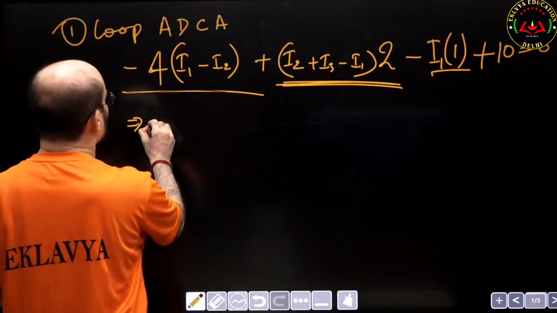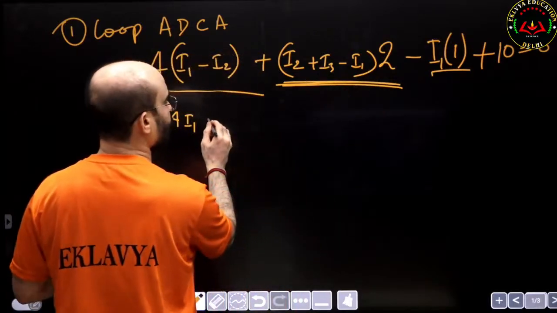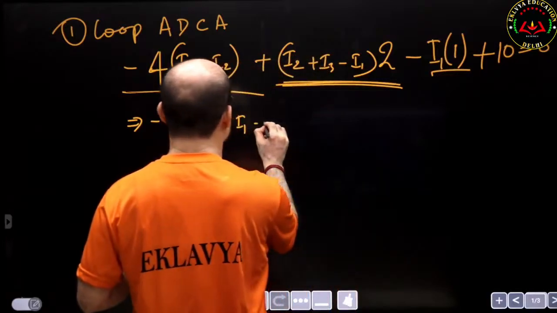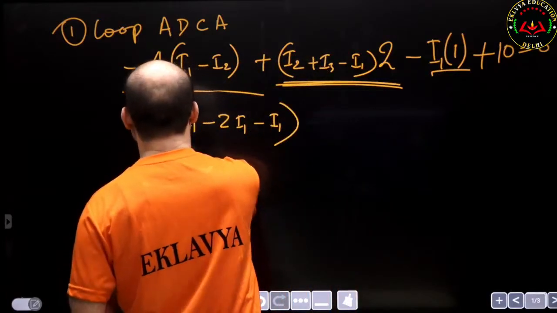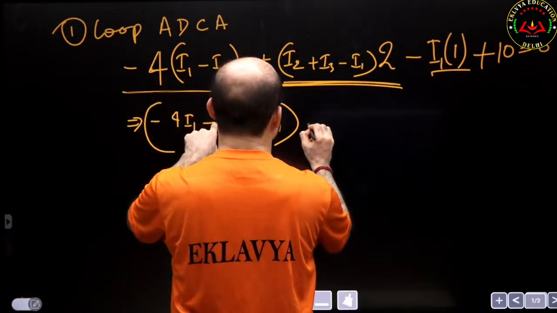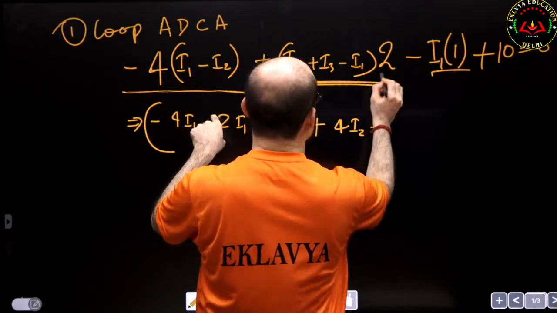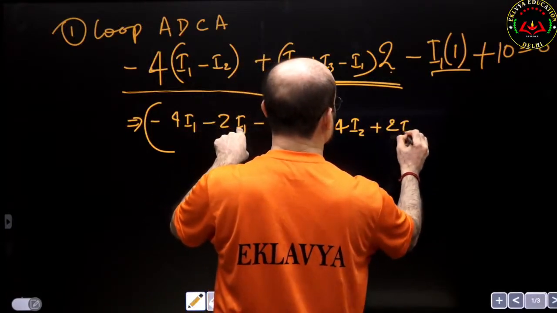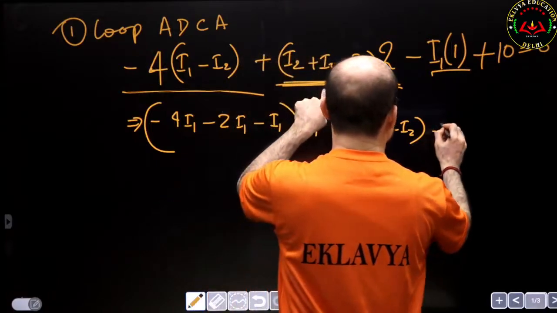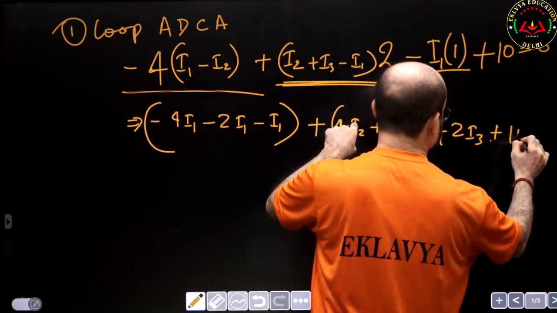Let us do this. Minus 4I1. Here you have again minus 2I1. Here also minus I1. Now you have minus of minus, plus 4I2, plus 2I2, plus 2I3, plus 10 equals 0.